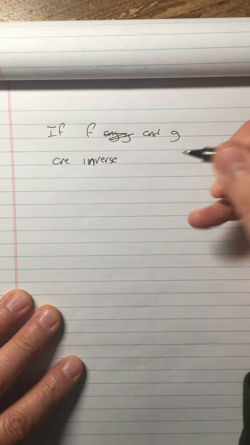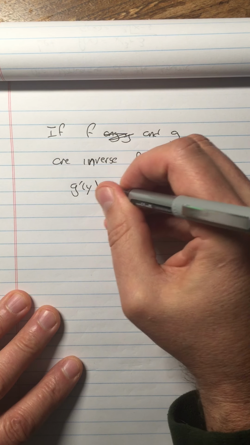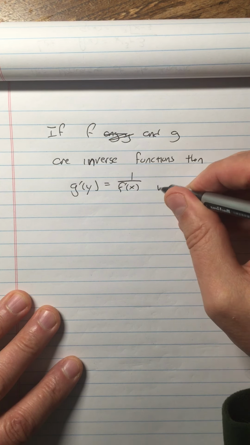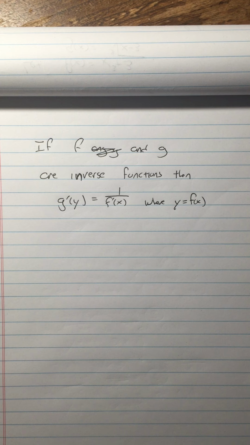You can tell how much I love this theorem. I'm angry that we have to learn this. Then g prime of y equals 1 over f prime of x, where y equals f of x. This is the most compact way I can find to write the theorem. I think the function has to be continuous or something.